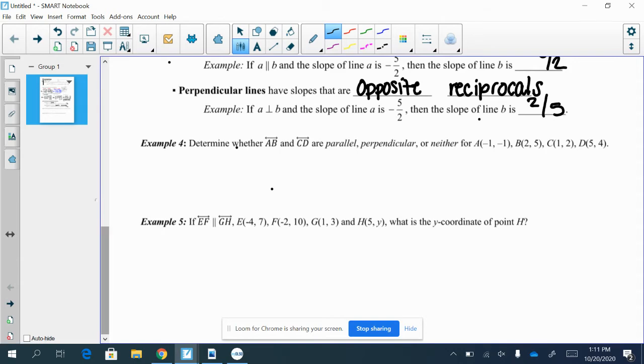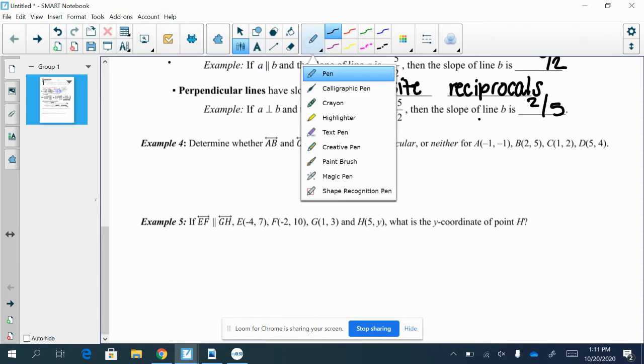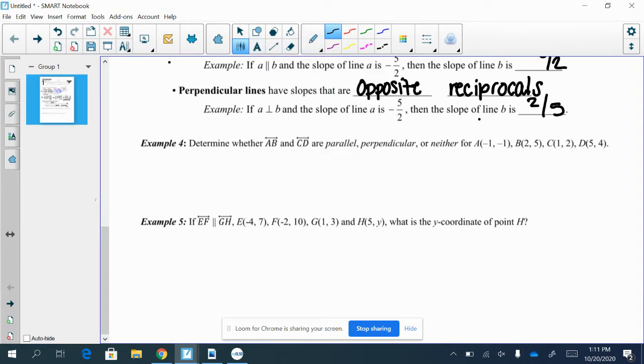Example 4, determine whether AB and CD are parallel, perpendicular, or neither. Let's find the slope of AB. So A is at (-1, -1). B is at (2, 5).